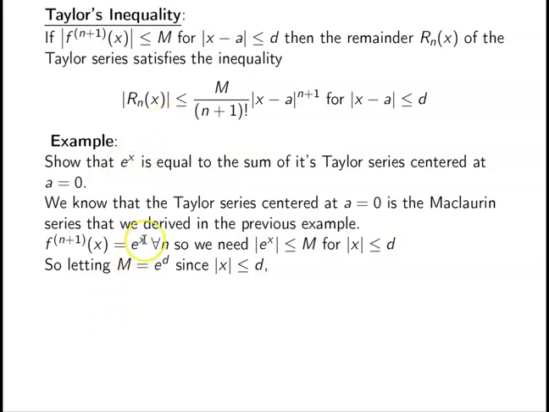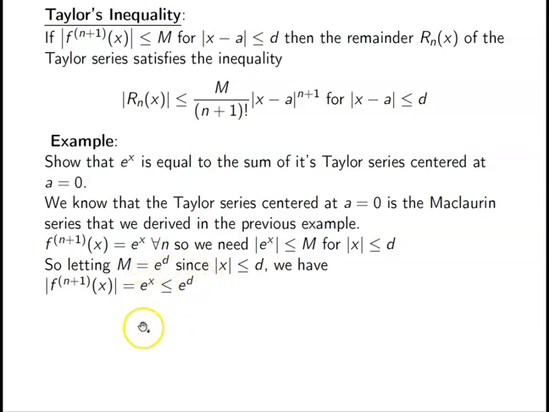So if e to the x is never larger than e to the d, I'm going to let x be the largest value that I can, which is d. So M is this e to the d value, again, since x has the largest value of d. Okay. So the n plus 1th derivative of e to the x is just e to the x, which is less than or equal to e to the d, since d is the largest value x is allowed to take.